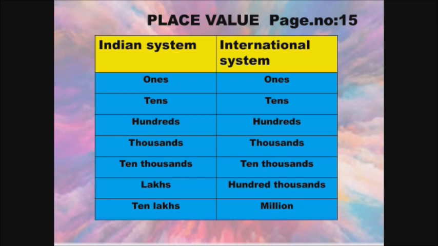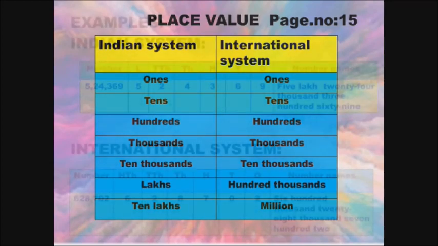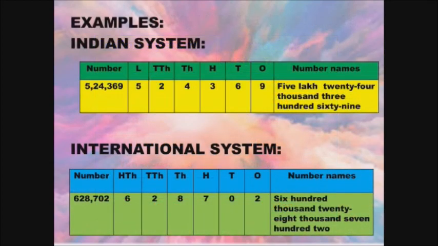Let us see some examples for your better understanding. See here, I have some examples for Indian system and international system. Let's see the Indian system first. See, I have written number 5, 2, 4, 3, 6, 9. And the numbers are placed according to the Indian system place value.